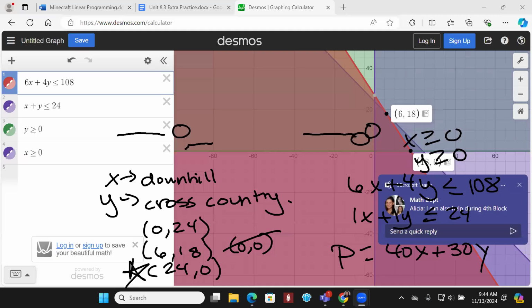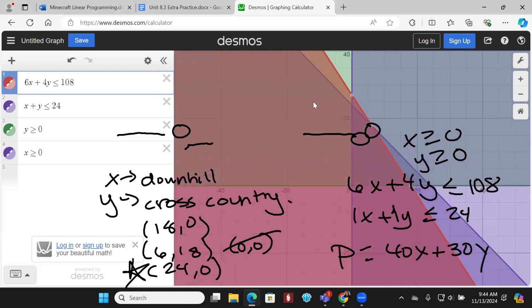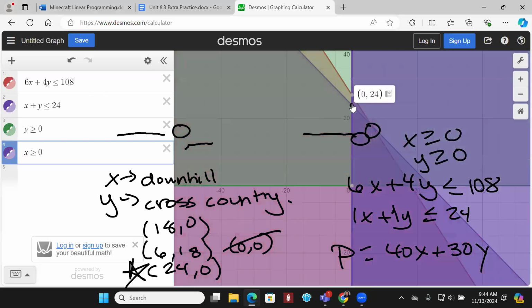All right, real quick. On this one, these points aren't right. I mean, I didn't graph them right. So this should have been 18, 0, 6, 18. And then 0, 24. So plug those back in and make sure.